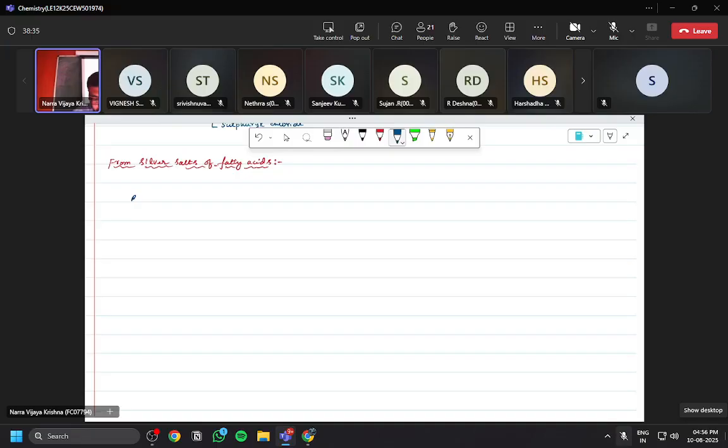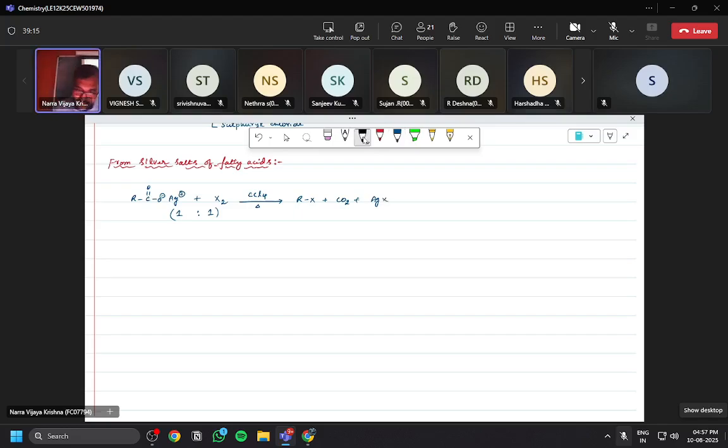Observe this one. I am taking some silver salt of fatty acid, allowed to react with halogens in 1:1 molar ratio, in presence of carbon tetrachloride, non-polar solvent. Then you will get RX, here I am taking X2 because I can take bromine, chlorine also. So RX plus CO2 plus AgX.